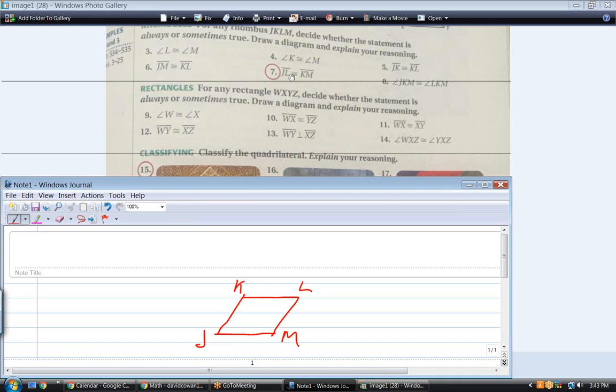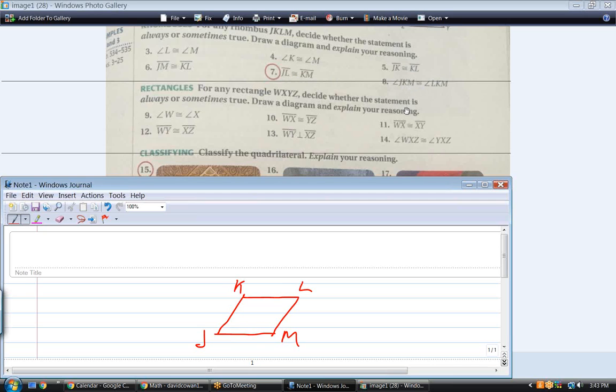Same for that. I mean, without even looking at the figures, there's no way they could name a line segment that wasn't congruent to another line segment, even if it was itself. How about this one?